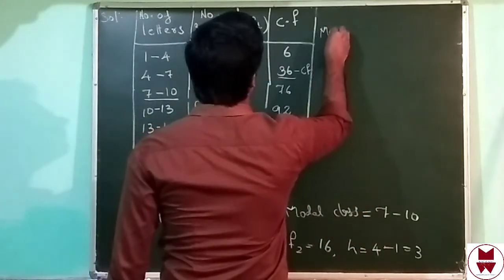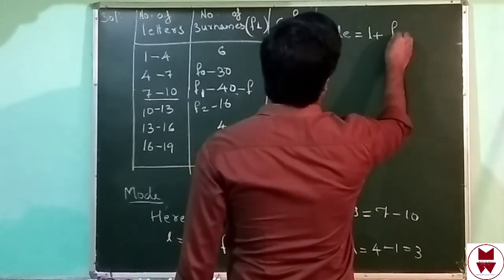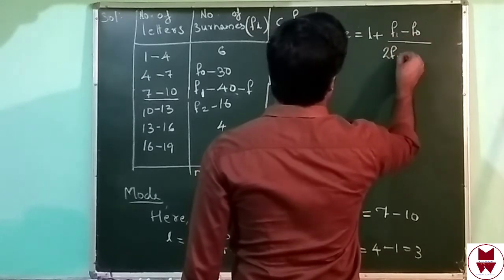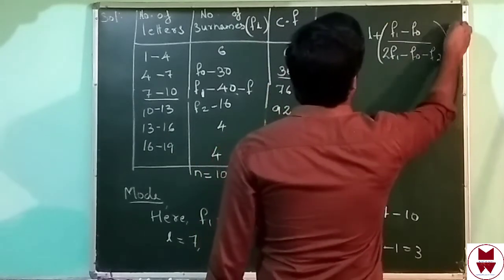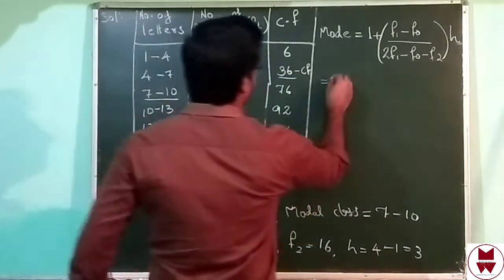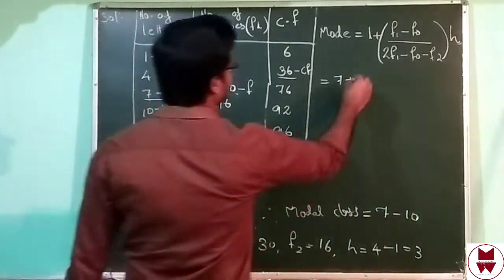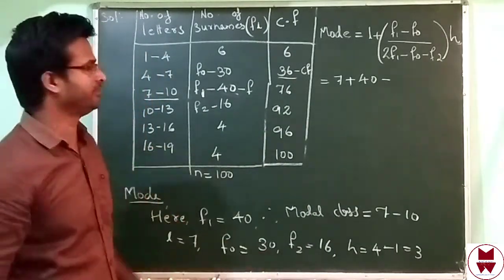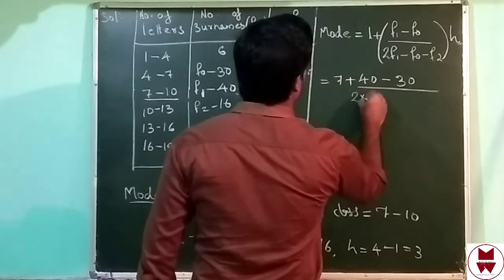Then mode, one formula was already studied, that is L plus F1 minus F0 divided by 2F1 minus F0 minus F2, into H. L, what is L? L means 7. Plus F1 is 40 minus F0. What is F0? In here 30. Divided by 2 into F1.